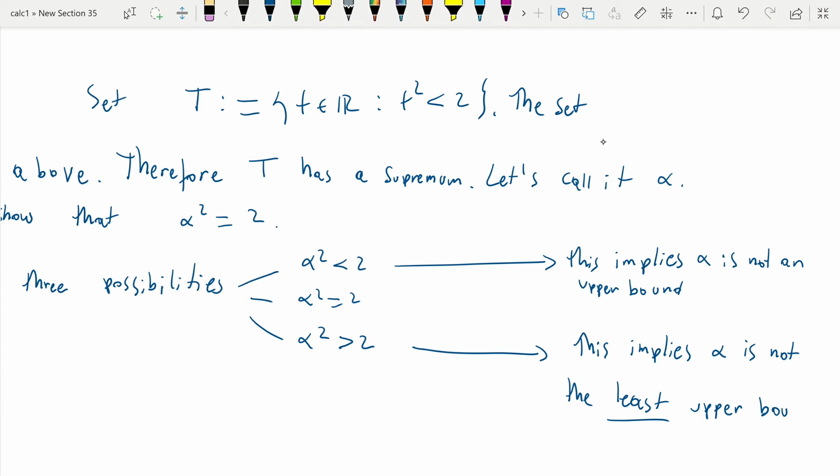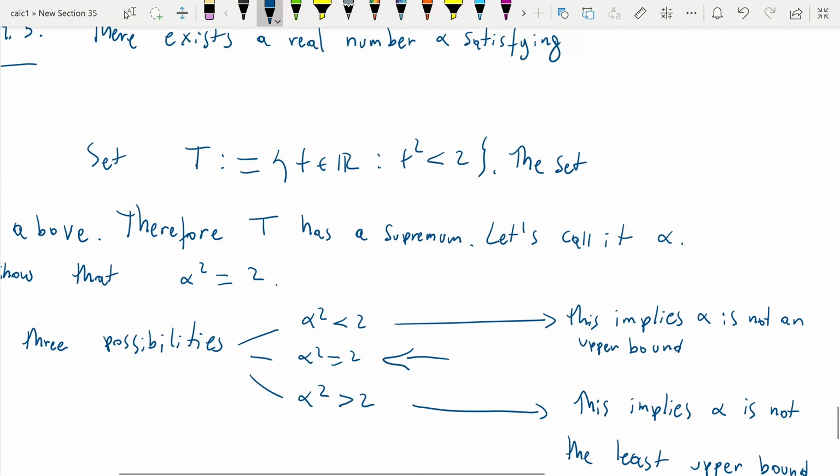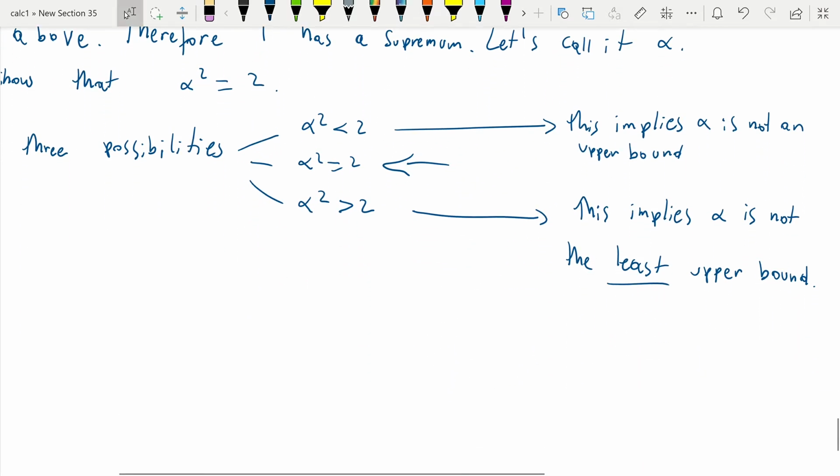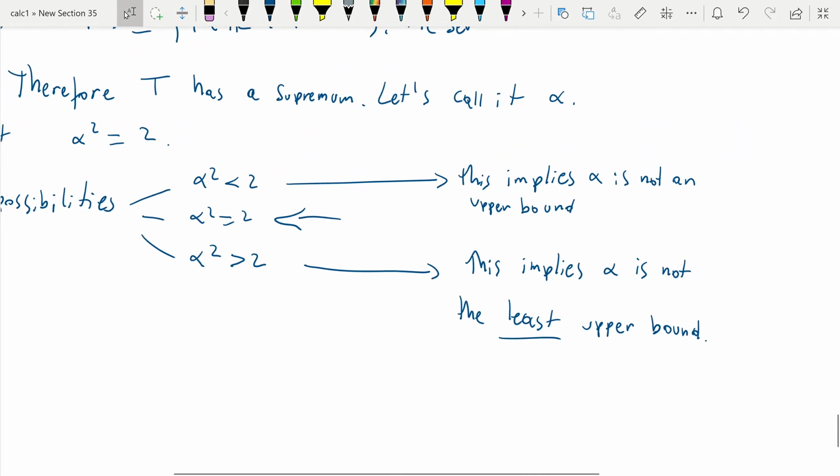Such an alpha such that alpha squared is greater than 2 is always an upper bound for the set T, but if it's greater than 2, it cannot be the least upper bound. So we're only left with the possibility in the middle, which is that alpha squared must then be equal to 2. And that's how we prove this fact, by showing that the first and third possibilities do not hold.